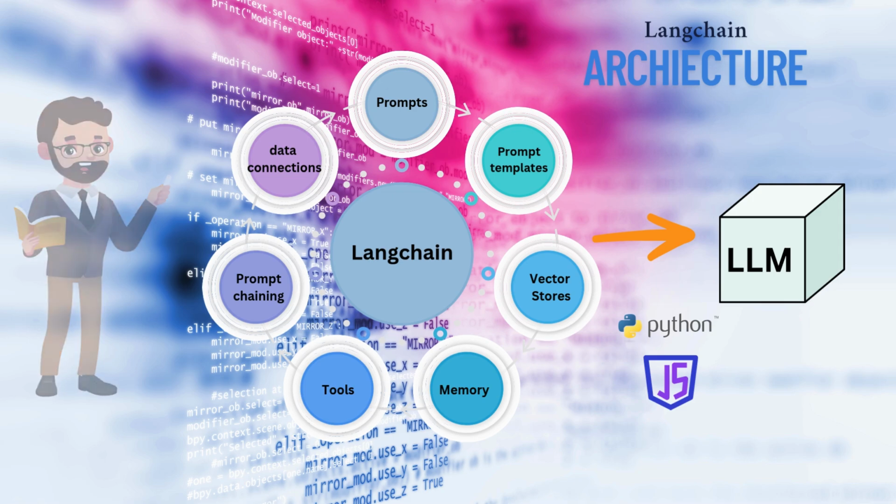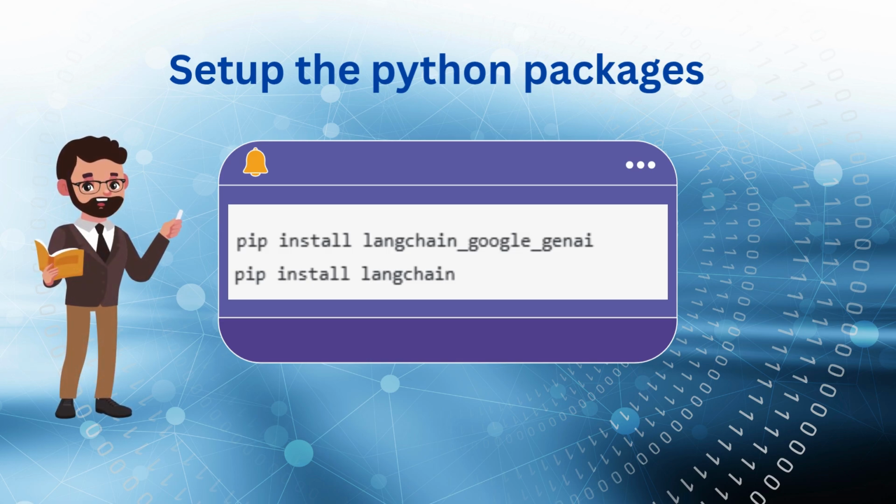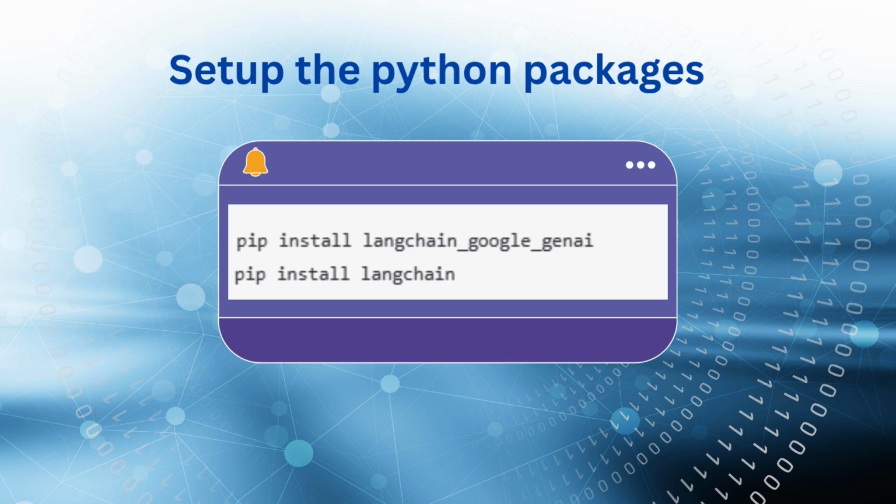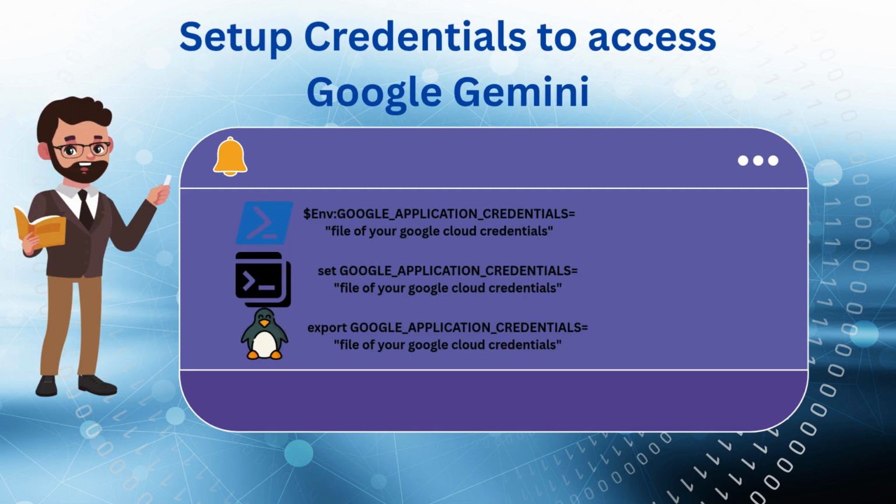workflows. You need to install two packages from the Python package manager, the Google Gen AI package and the LangChain package. These packages are required to run the program. Now you need to set up your Google credentials, and for that you need to set up an environment variable.